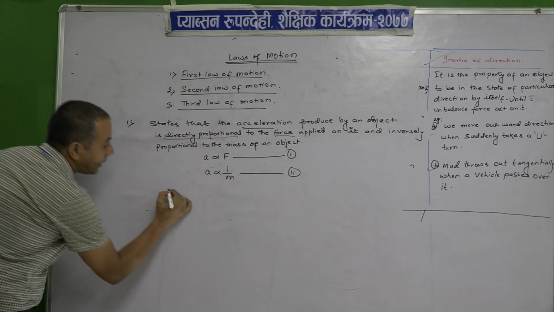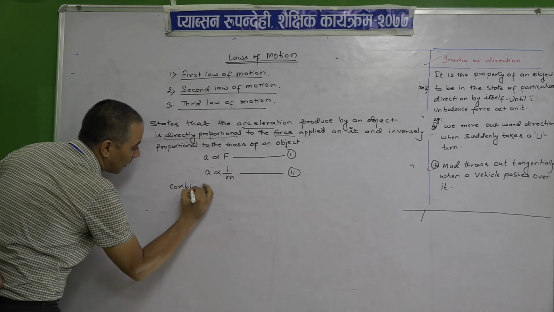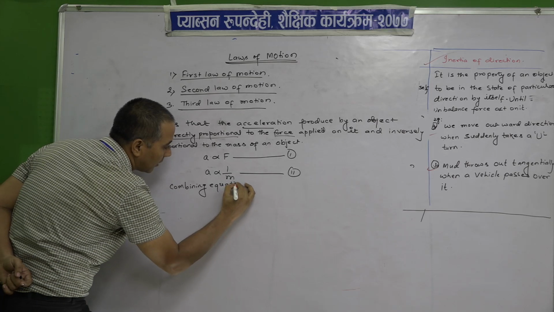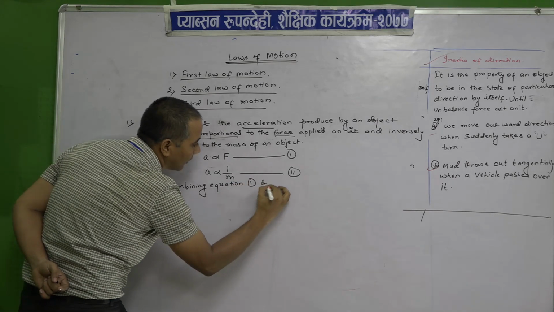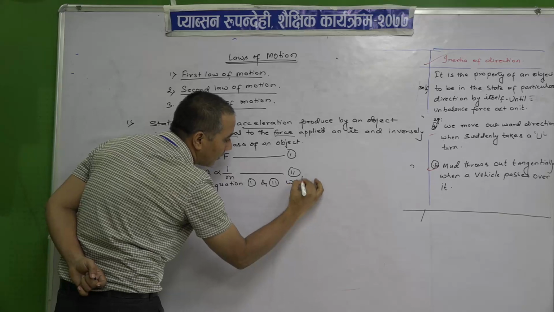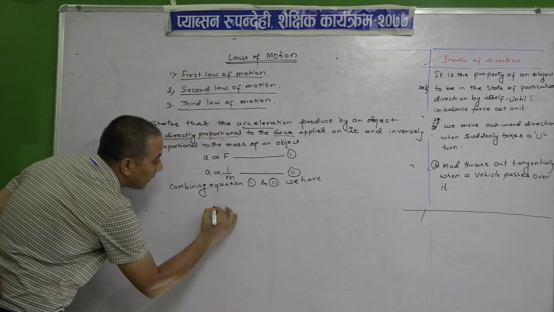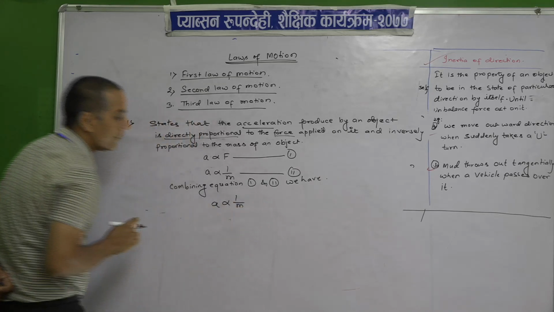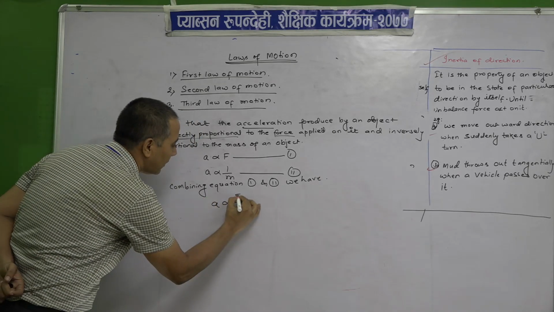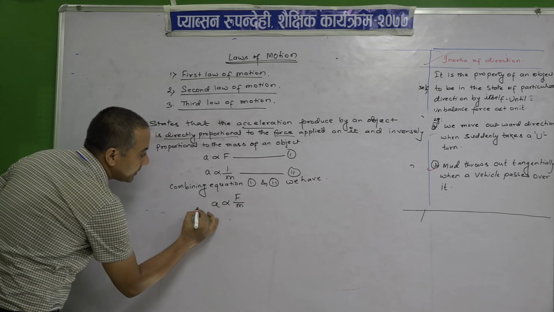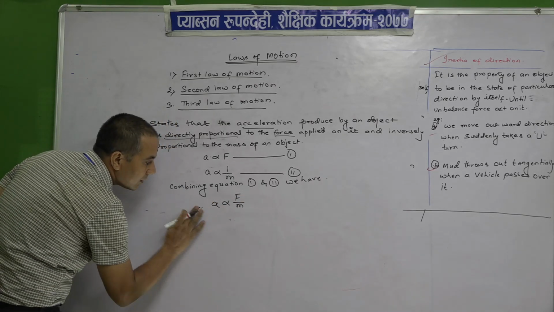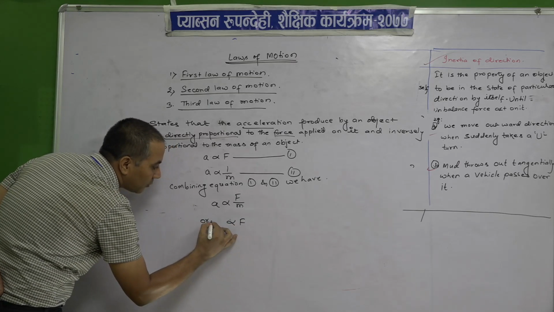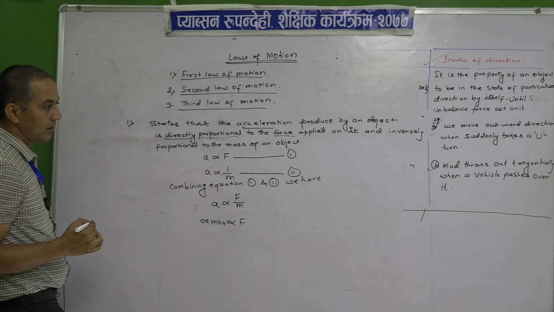So, by combining equations 1 and 2, we have A is directly proportional to F upon m. Can we write it like this: F is directly proportional to m into a? Yes, we can.